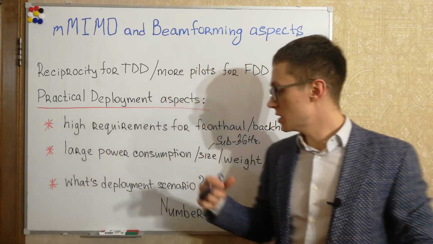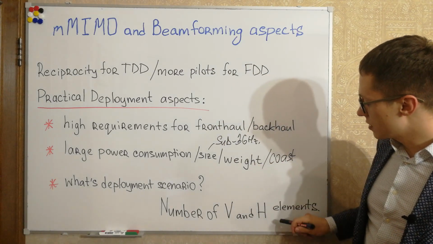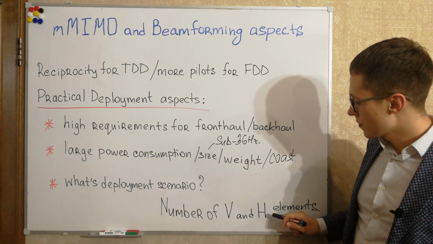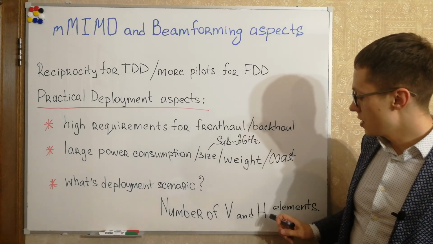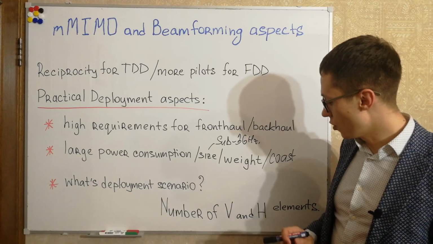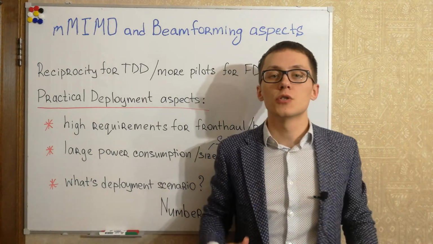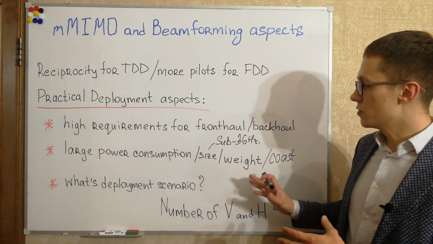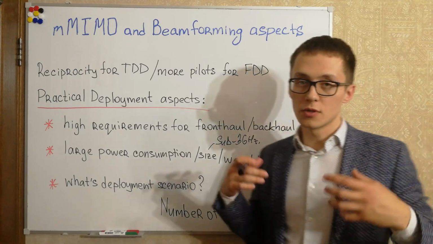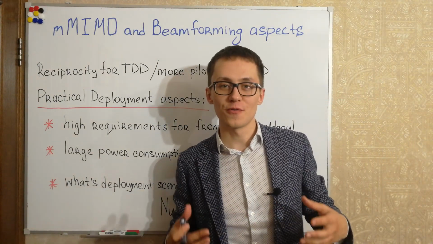Yes, for this case you need antenna elements with many horizontal antenna elements in order to serve users better in the horizontal direction. So all of these aspects should be taken into account when you deploy your Massive MIMO and beamforming system for 5G NR.